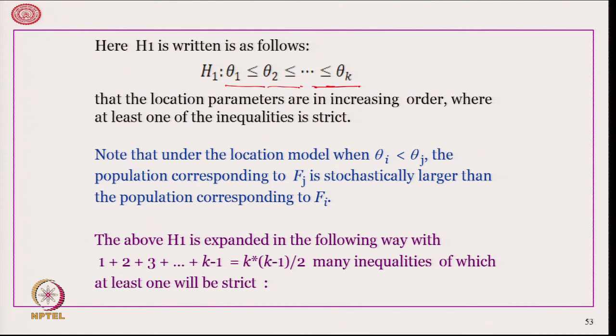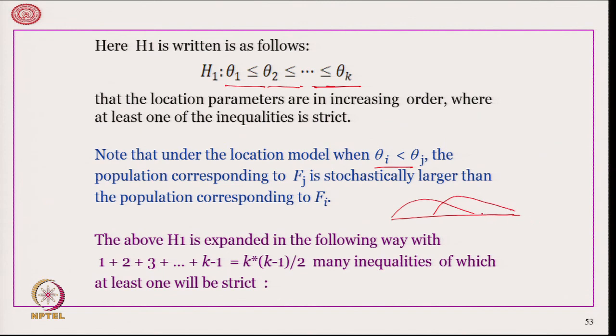Note that under the location model, when theta i is less than theta j, the population corresponding to f j is stochastically larger than the population corresponding to f i. So, pictorially, suppose this is how f 1 is distributed, and similarly f 2 is distributed something like this, which is stochastically larger than that one.